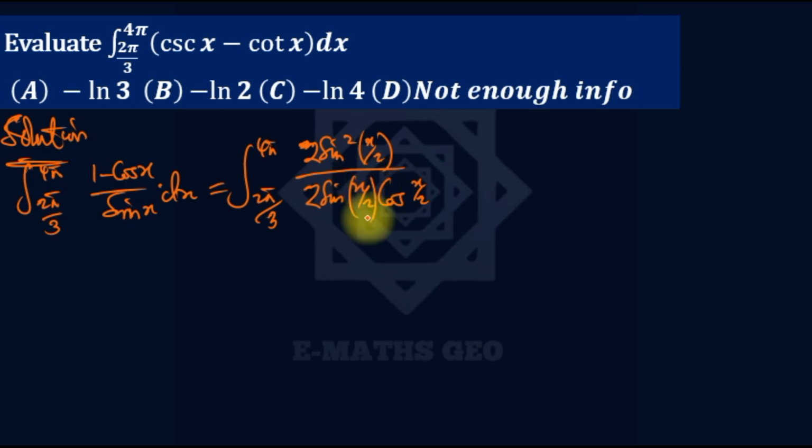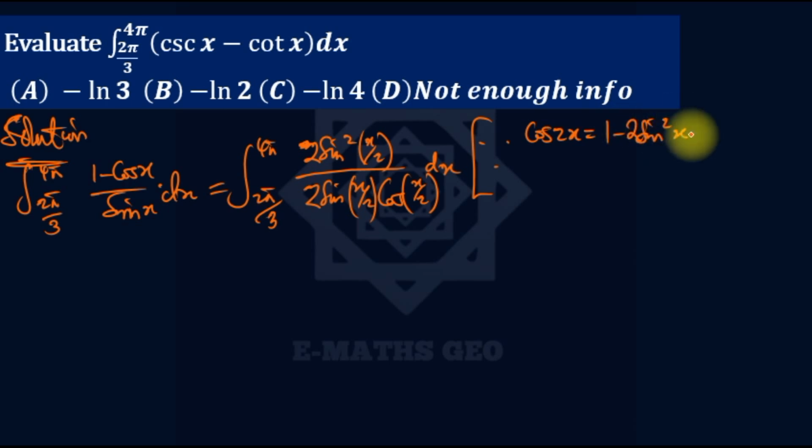Because if you remember, cos 2x is equal to 1 minus 2 sine squared x, which implies that 1 minus cos 2x is 2 sine squared x.